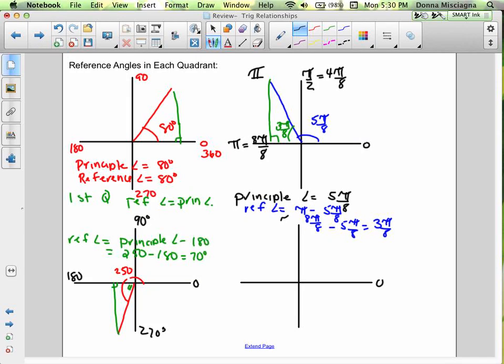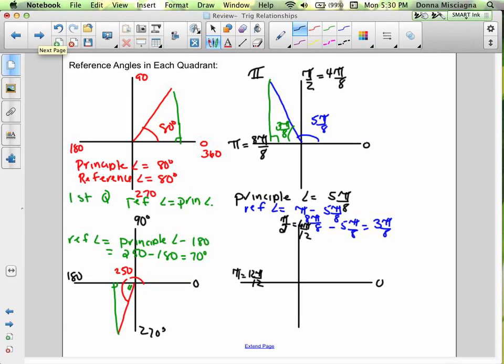This is pi halves, which is the same as 6 pi twelfths. Excuse me, I made it too small. Let's do 23 pi twelfths. This would be pi, which is the same as 12 pi twelfths.